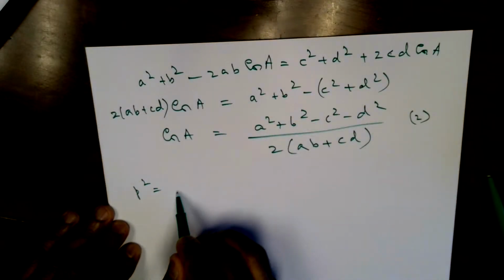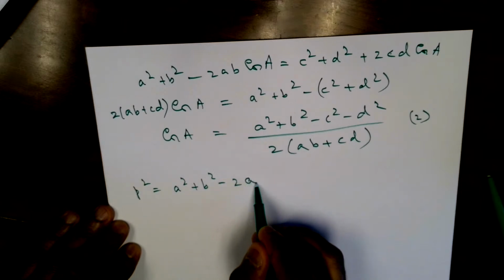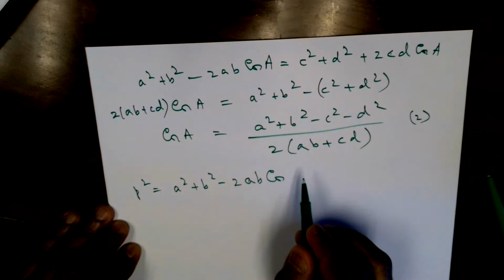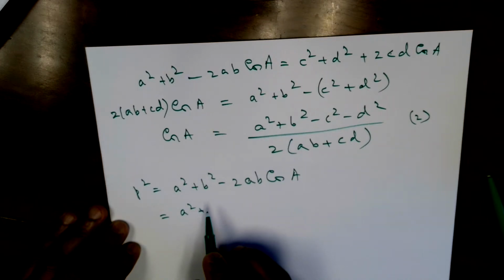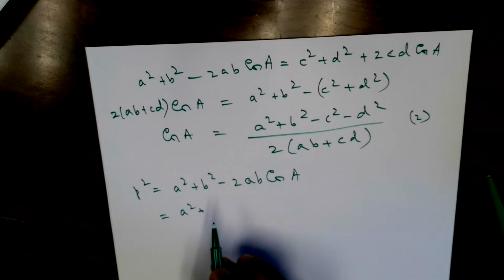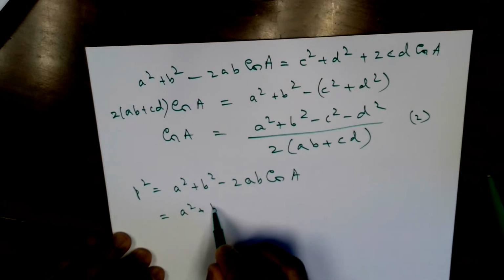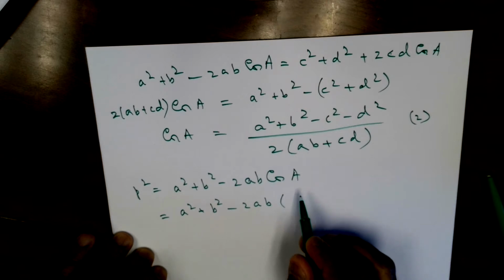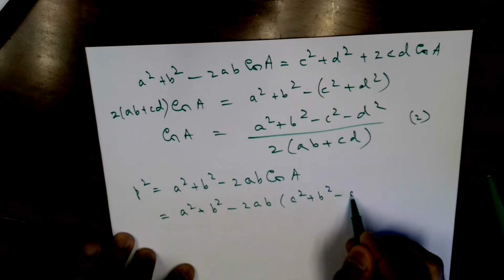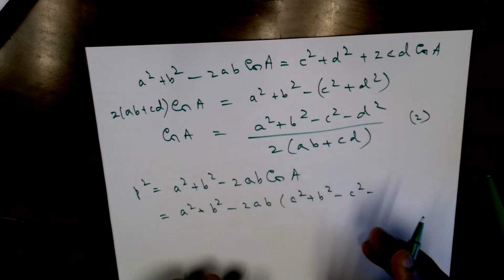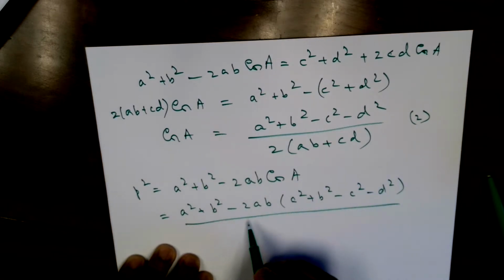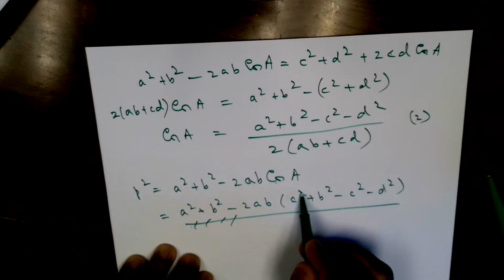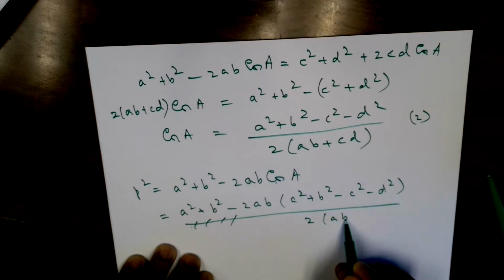P squared is A squared plus B squared minus 2AB cos A. So I'm going to substitute for cos A, with 2 multiplied by (AB plus CD).